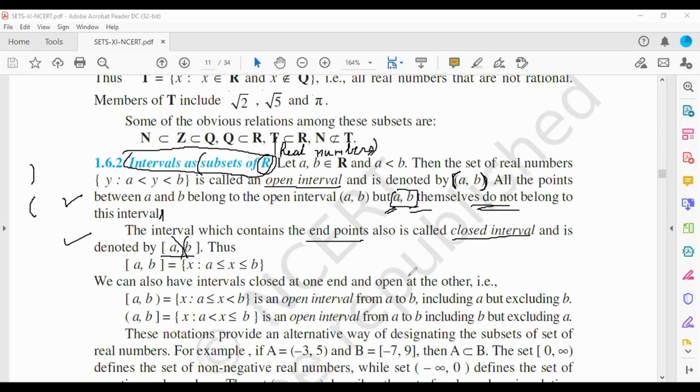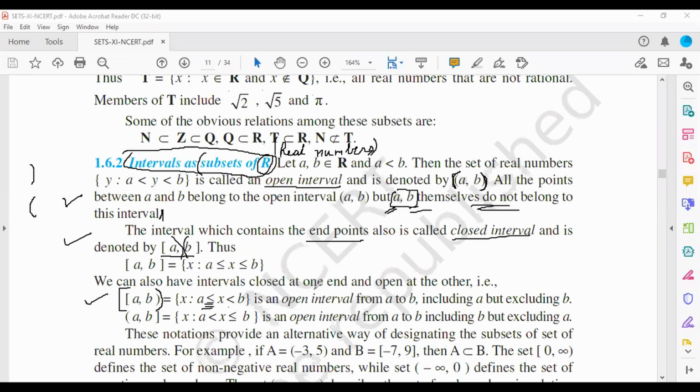It can be a mixed bracket. For example, on the opening side there is a square bracket and on the closing side a curved bracket. Meaning on the left side there is an equal-to symbol in the inequality, but on the ending side equal-to is not there.